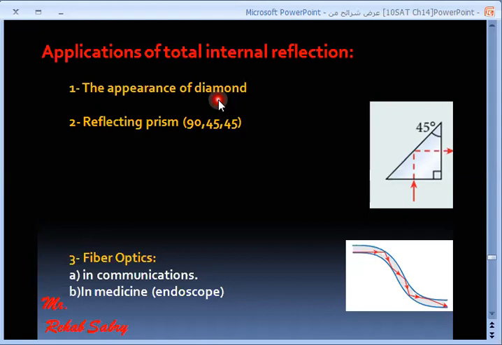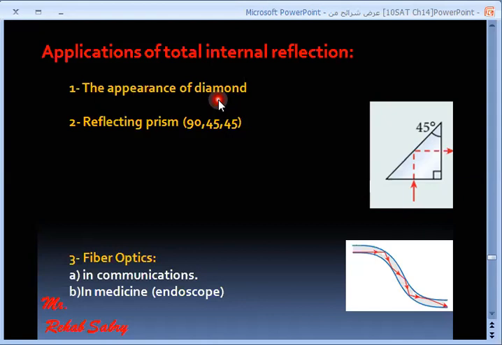It's the total internal reflection. Why? Because the diamond has a small critical angle, so when its faces are cut in some way such that the light enters and reflects inside the diamond piece, it undergoes total internal reflection.